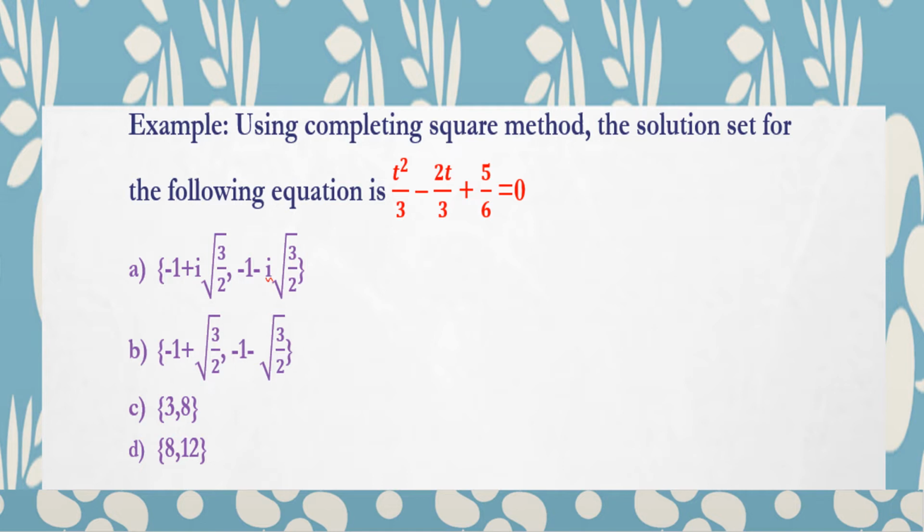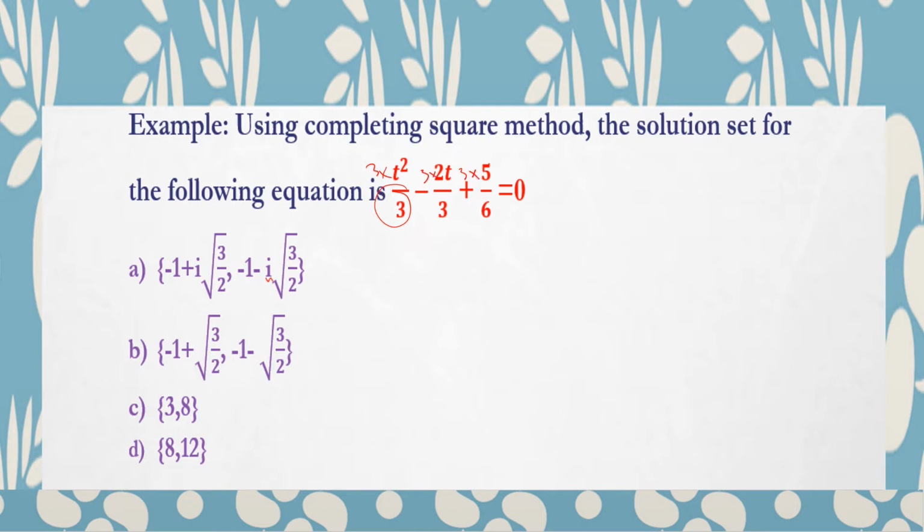Another example, using completing square method, the solution set for the following equation: t squared over 3 minus 2t over 3 plus 5 over 6 equals 0. First we should get rid of the 3 at the denominator, and this by multiplying all terms by 3.